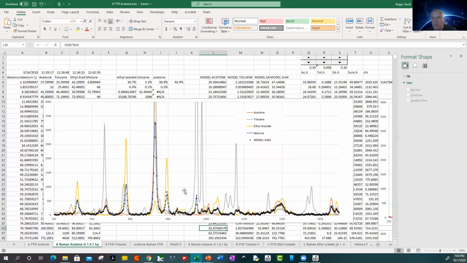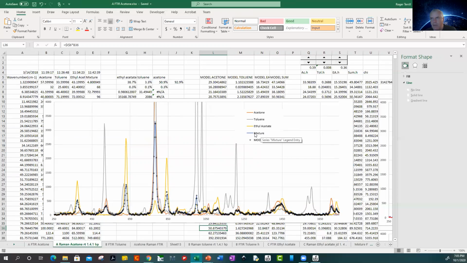Right? So the mixture of acetone, toluene, and ethyl acetate, the mixture of these three pure components, its spectrum should equal, sorry, I think I misspoke there.